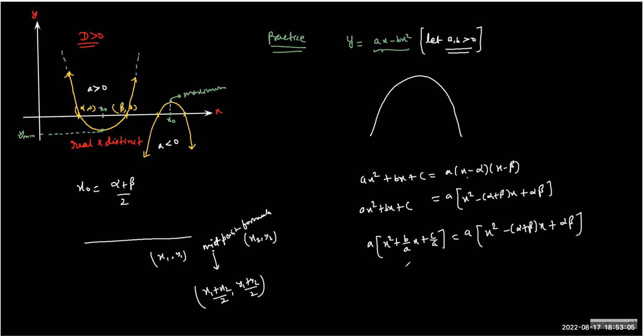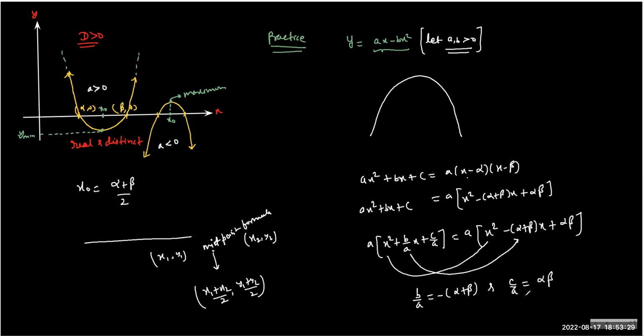And on the RHS we have ax square plus bx plus c. So if you compare each term, the first term is matching, fair enough. What is the b by a here? b by a is minus of alpha plus beta, correct? Compare term by term. And c by a is alpha into beta. Can you see that?